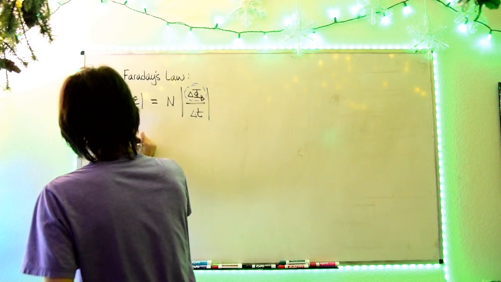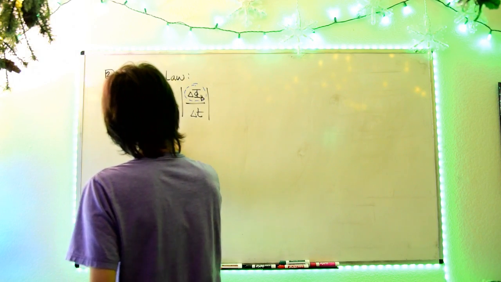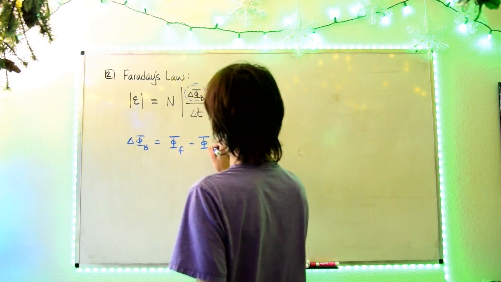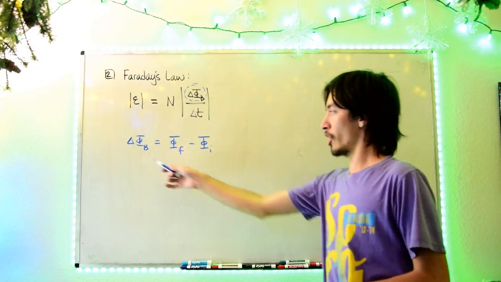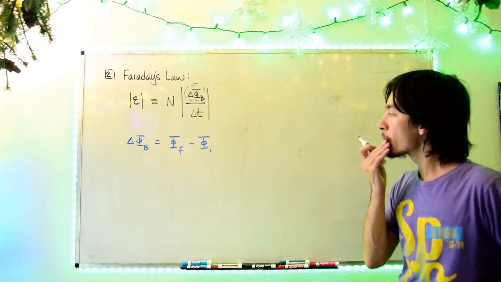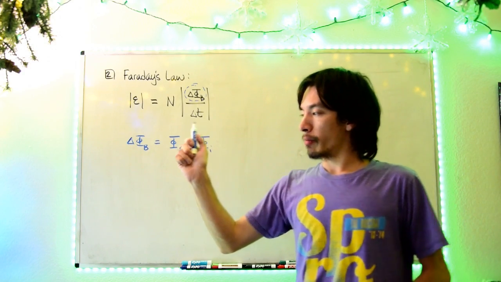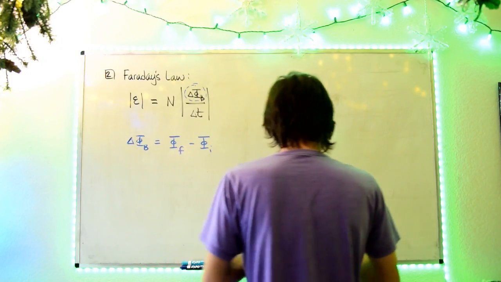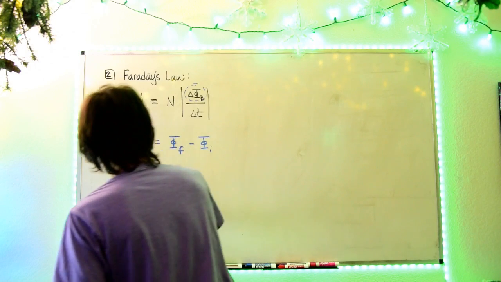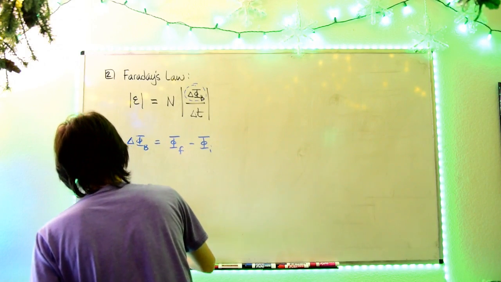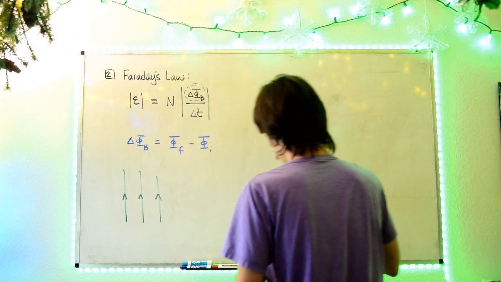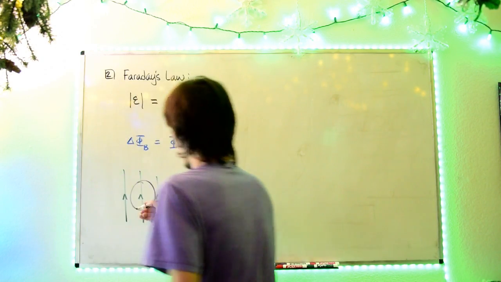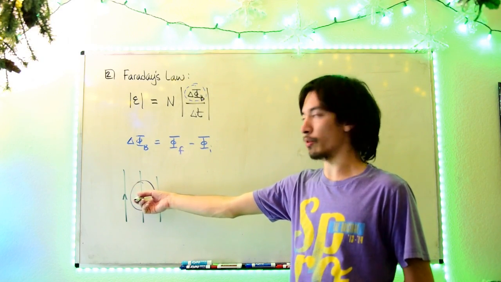The change in flux is flux final minus flux initial. The change in anything is final minus initial. Now, in our 2 pictures, we have 2 extreme cases. In the initial situation, the magnetic field is oriented vertically upward, and our loop essentially faces, if you want to call it out of the page, you could do that.